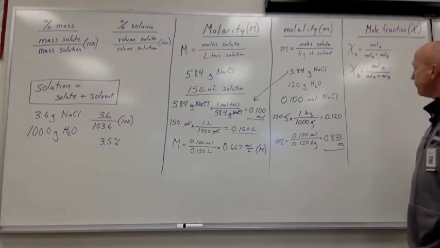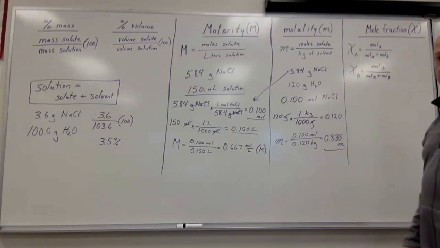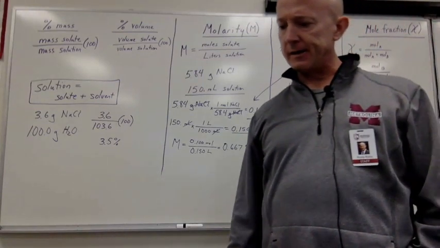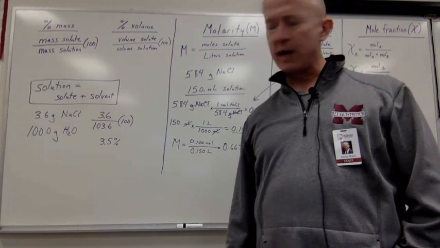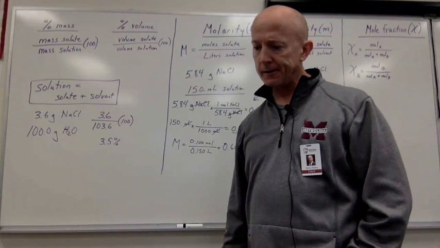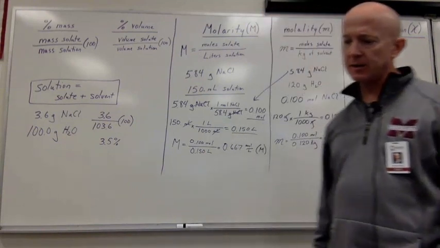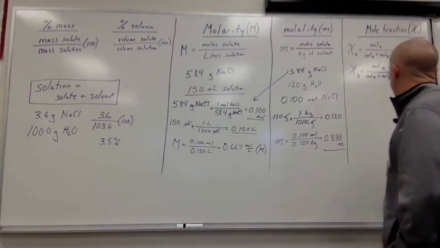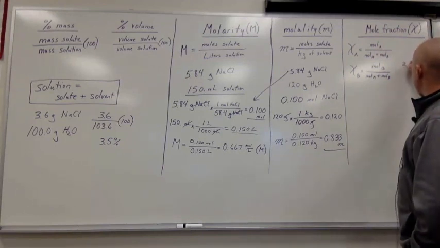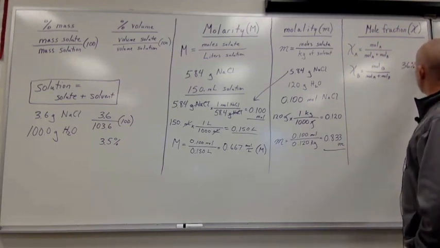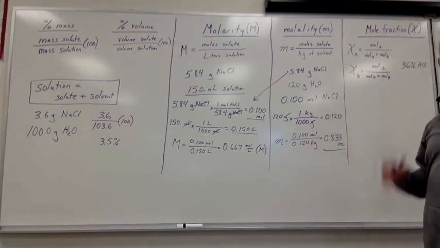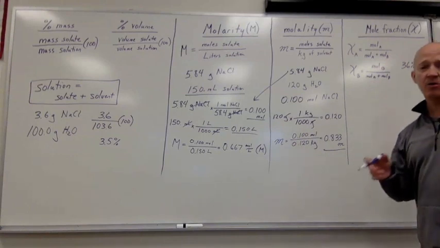So let's try one of these. Let's say we have a solution of hydrochloric acid, and it's 36% hydrochloric acid. You're like, percent? We're going to get moles from that.